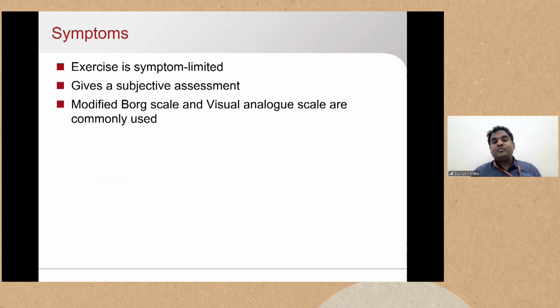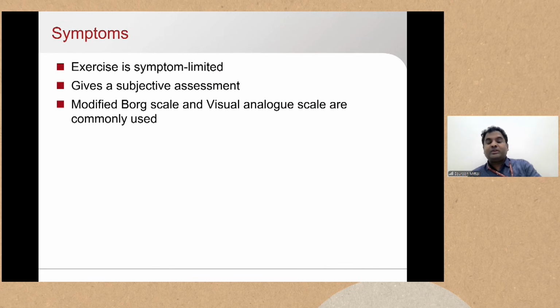In general, the modified Borg scale or visual analog scale is used during the test. The patient is asked to continue exercise as much as he can, but if the patient's dyspnea reaches a very significant level where he cannot exercise more, we have to stop the test. So the test has to be generally symptom limited.